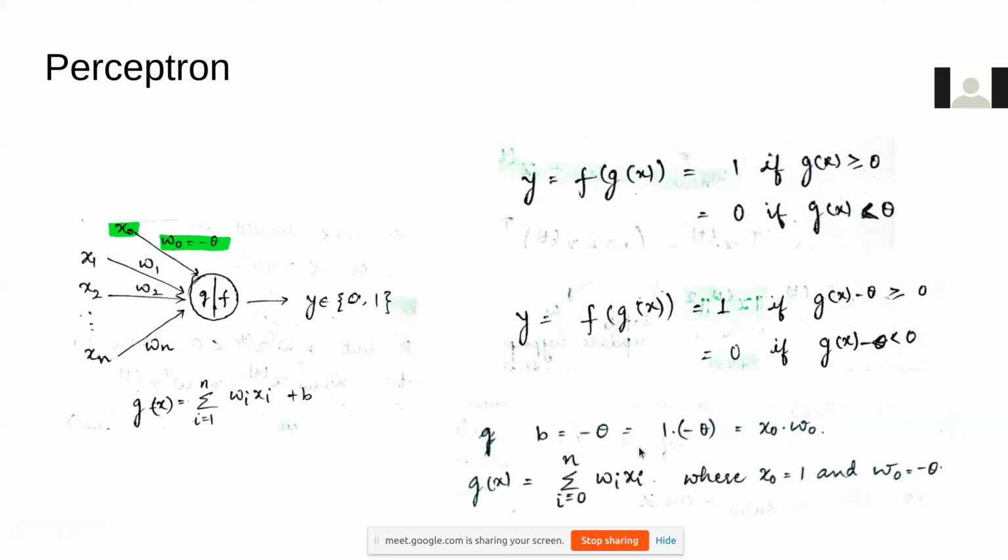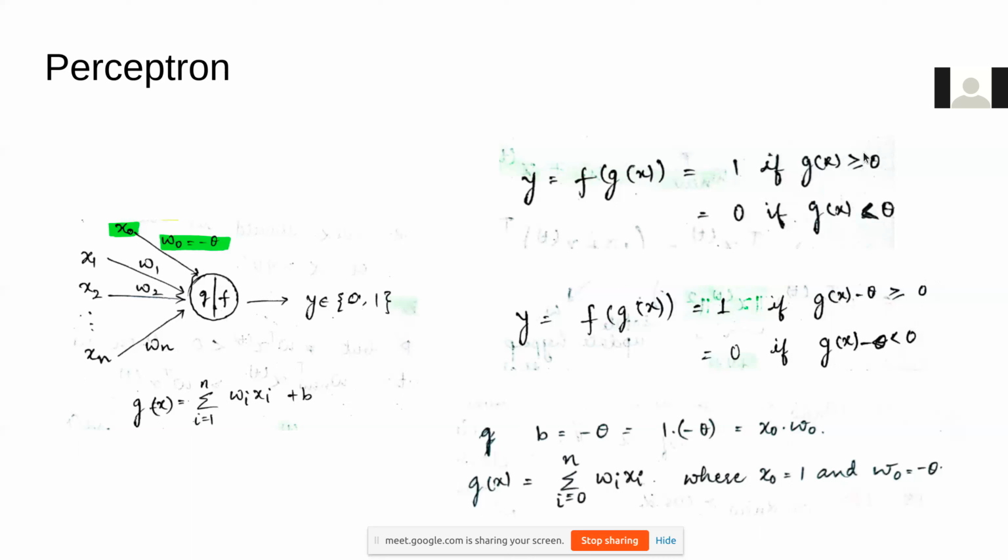Therefore, this can itself be written as 1 dot minus theta, where we can represent 1 as x0. So we are increasing the dimension of the input by 1 and making that increased dimension value always constant 1. And then to that increased dimension x0, we are adding another weight w0. So this bias is nothing but x0 w0, and this will be the negative of the threshold theta.